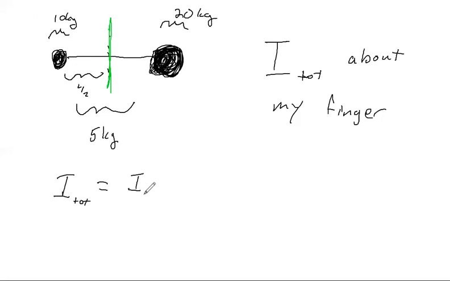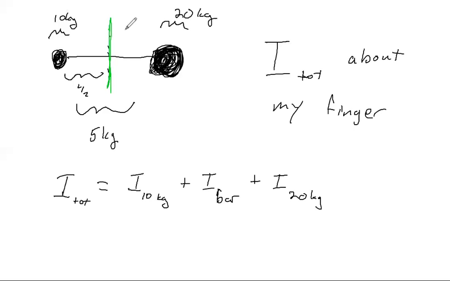It'd be I of the 10 kilogram mass plus I of the rod or the bar plus I of the 20 kilogram mass. And I just have to apply my formulas carefully for each one. So I'll do that on the next page.